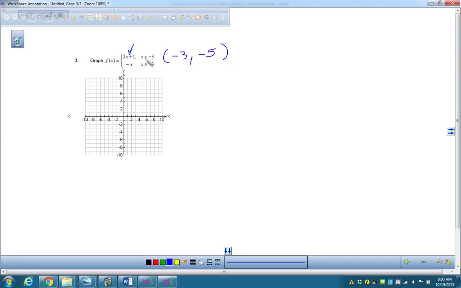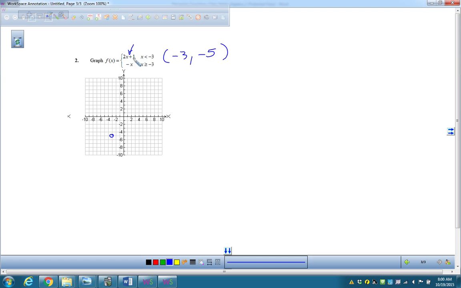So you have a point, and since it's less than, do I put an open circle or a closed circle at that point? Open, very good, okay? So at -3, -5. So I put an open circle like that, okay?